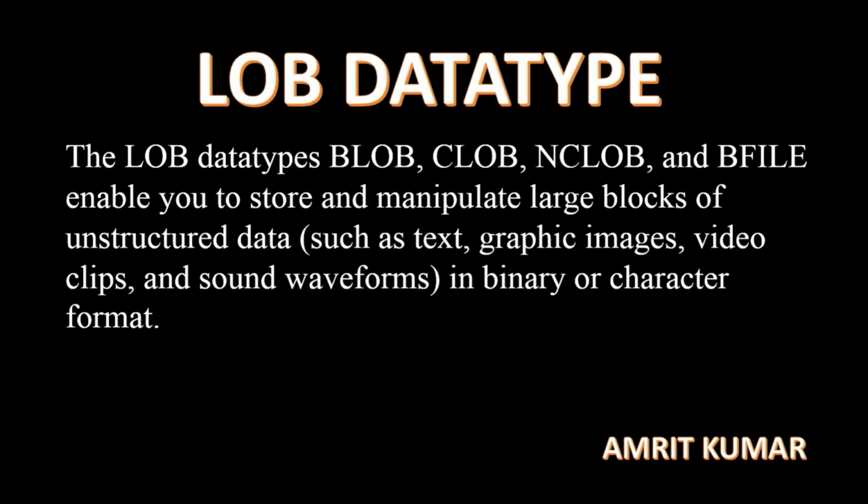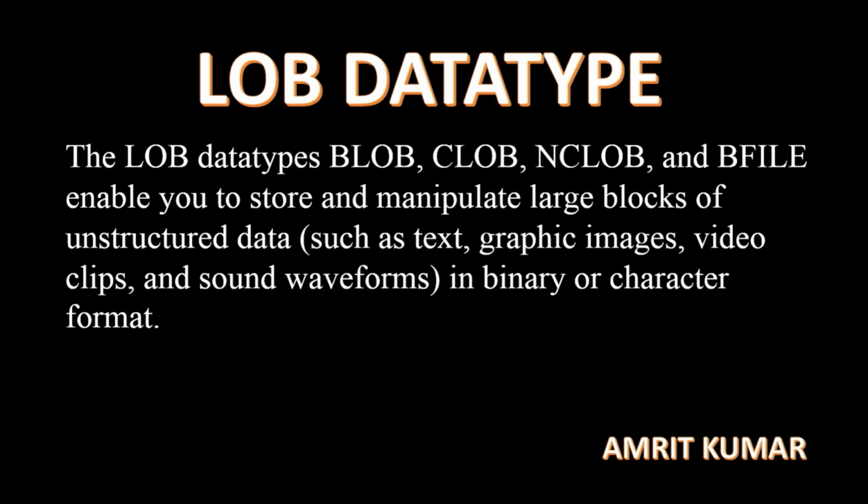This is an important and interesting fact: in binary form or character format. This is a very interesting topic. The LOB data type is classified into 4 categories: BLOB, CLOB, NCLOB, and BFILE.